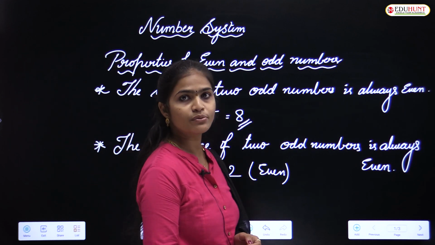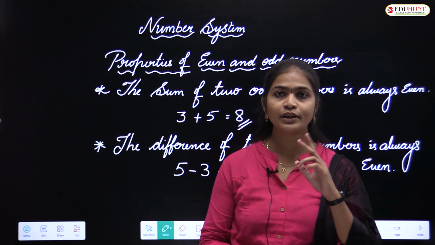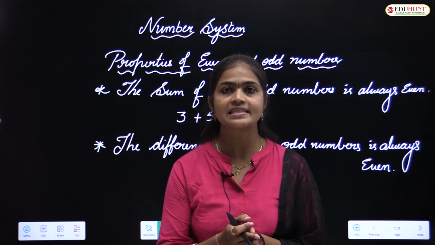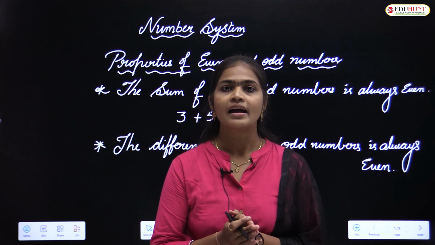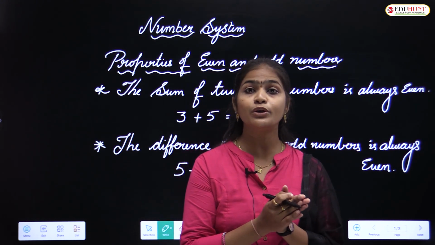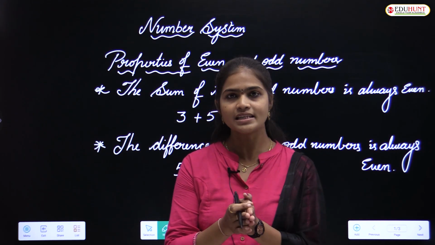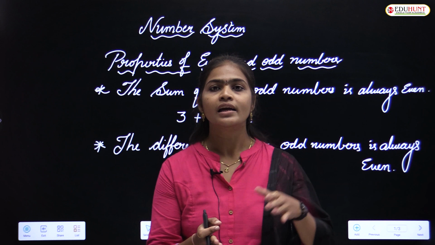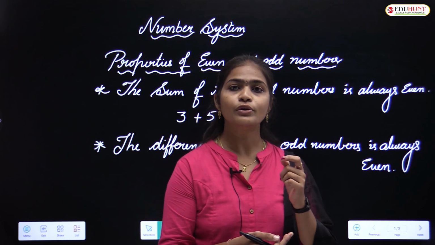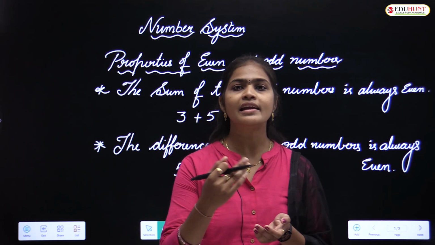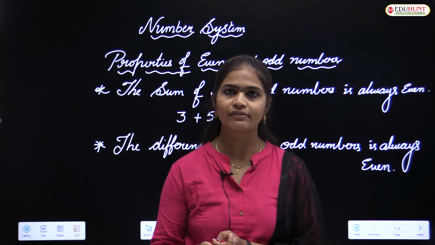So you have to observe one thing. If you add any two even numbers, you will again get an even number. In the same way, the difference of any two even numbers is again an even number. Now if you add any two odd numbers, you will also get an even number only.